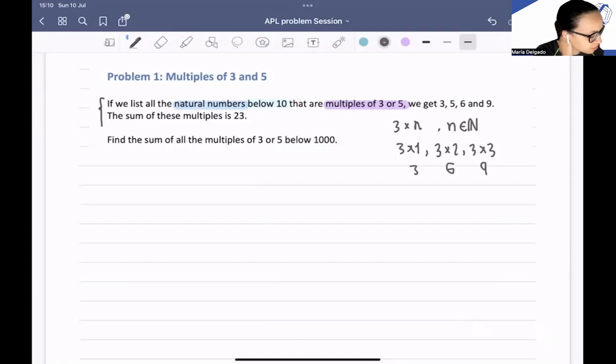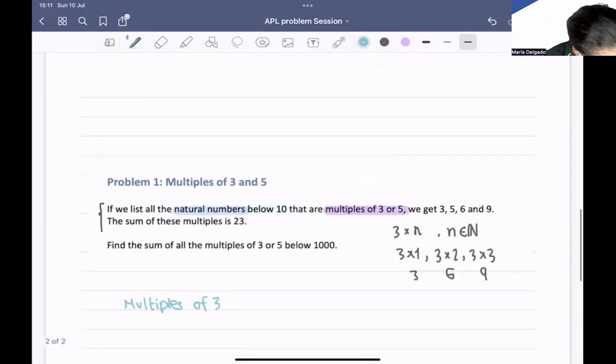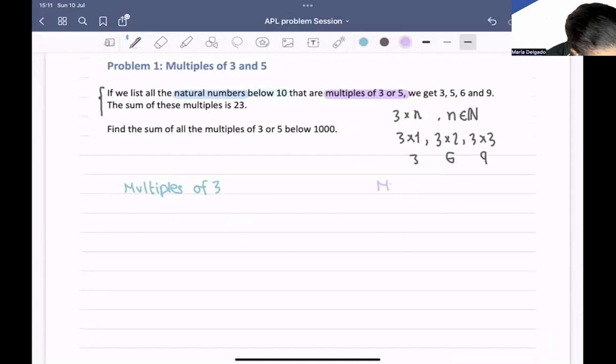Find the sum of all the multiples of 3 or 5 below 1000. Okay, so how can we do it? That's an important question. But we can try and divide: we can do the multiples of 3 in one part and the multiples of 5 in another part. So let's put here, for example, the multiples of 3, and here the multiples of 5.